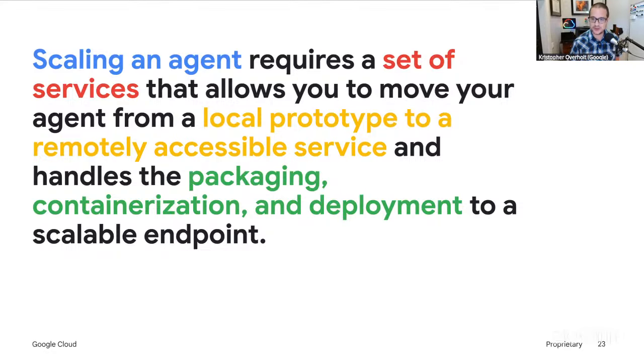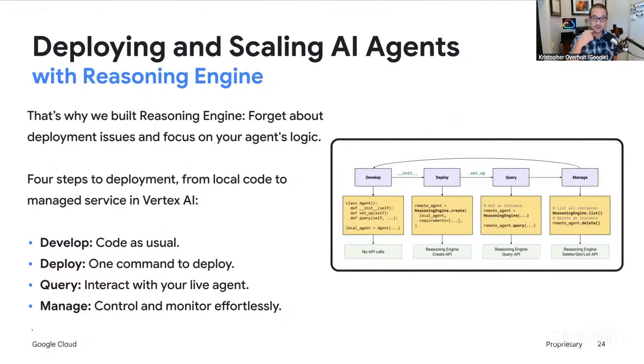But luckily, we've made it easy for you with a service called Reasoning Engine. It streamlines the process from I have an agent, I built it, it works on my machine, to how do I share it with the rest of the world? Reasoning Engine has templates for LangChain, and we're working on LangGraph templates. It's something you can drop in, and you can find a lot of these code examples.